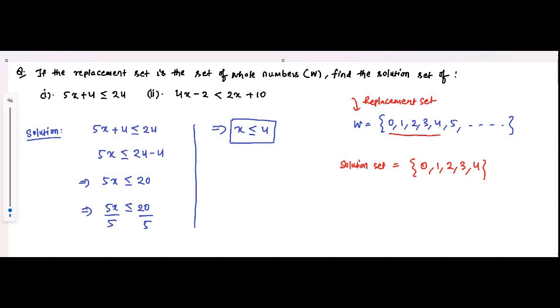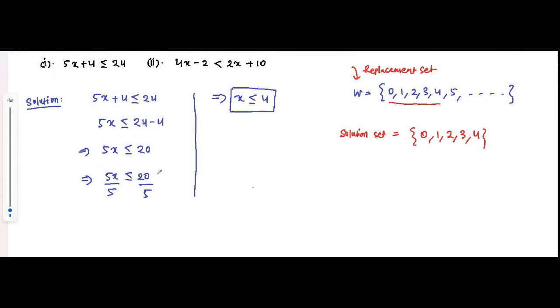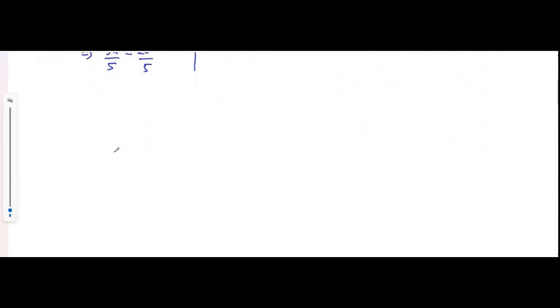Next is 4x minus 2 is lesser than 2x plus 10. Here this plus 2x we will take to the LHS side and it will become minus.